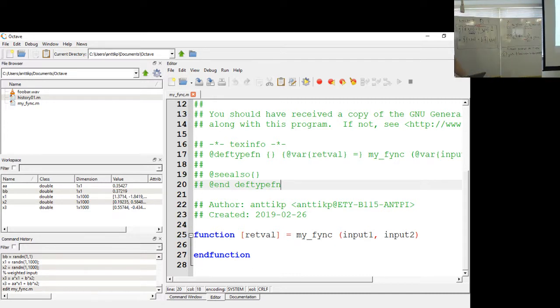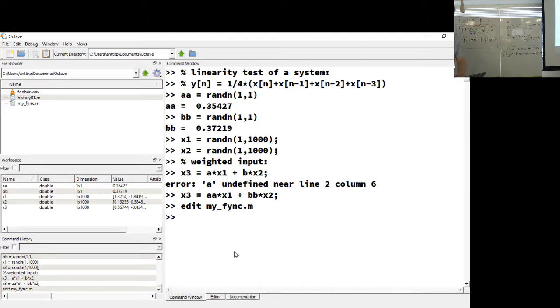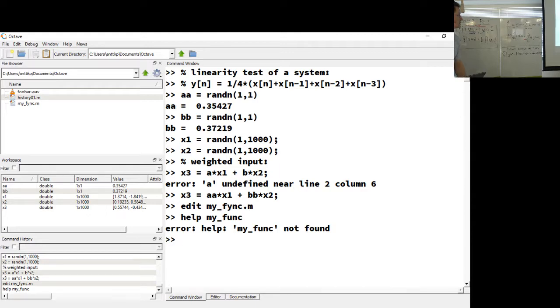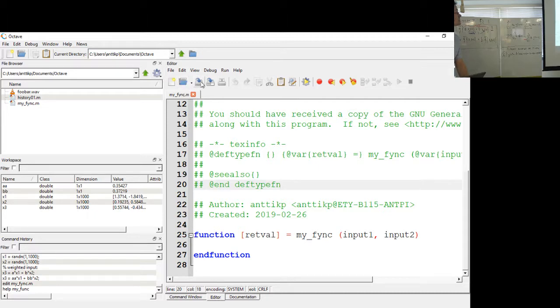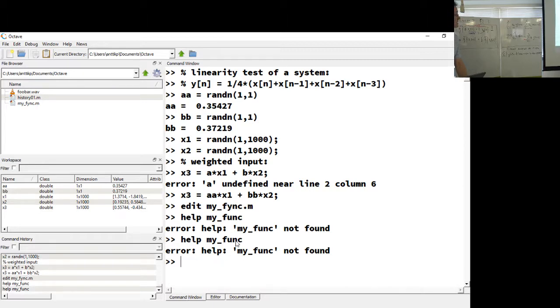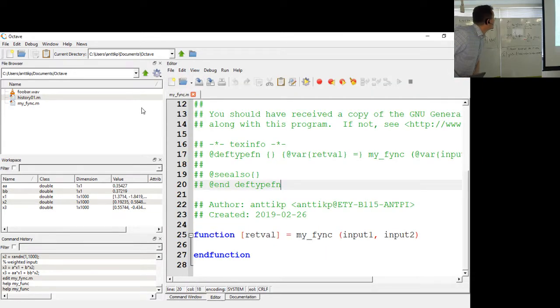So if you go to the command window and say help my func, oops, it's not there yet. Sorry, I didn't save it. When you save this one, then you can actually start using it. My func does not work. Strange.